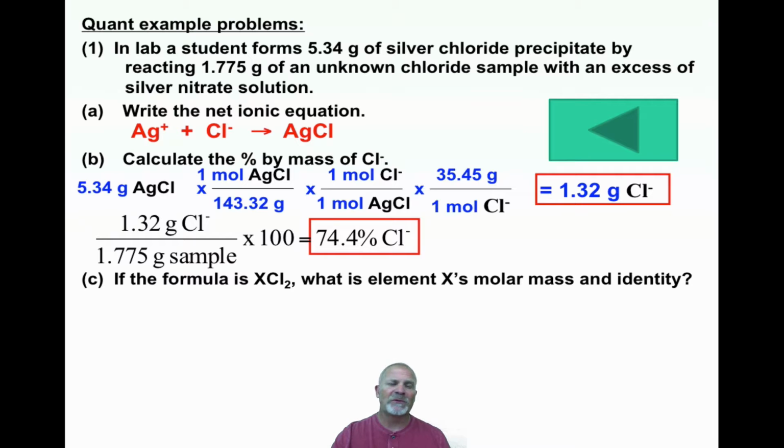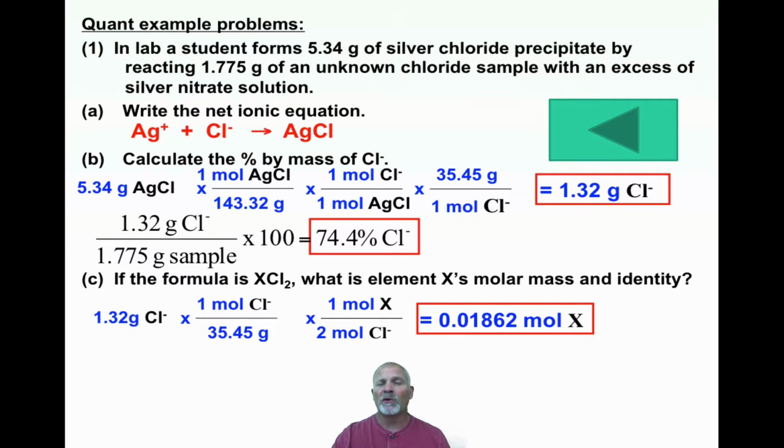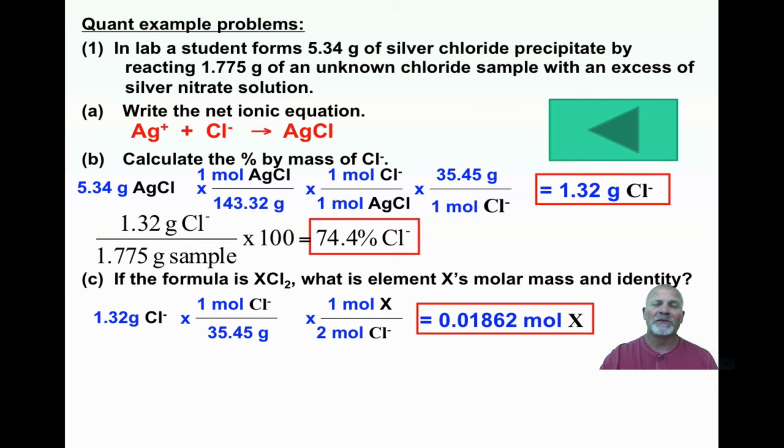So in this situation, we need what I know about my X. If I'm going to use its molar mass, I need its grams, I need its moles. So first of all, I know that I have 1.32 grams of chloride. I get my molar mass, and then I can go from 2 moles of chloride to every 1 mole of X, doing a mole-to-mole ratio within the compound, that gives me moles of X. To get its mass, I do know of my 1.775 grams, my total mass of the unknown chloride sample, 1.32 of that is chloride.